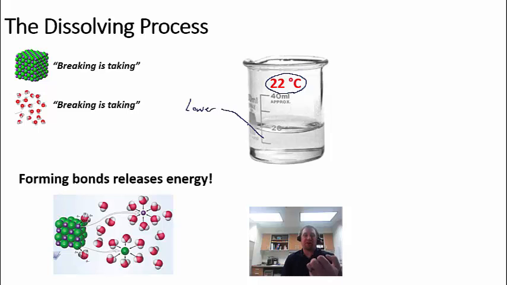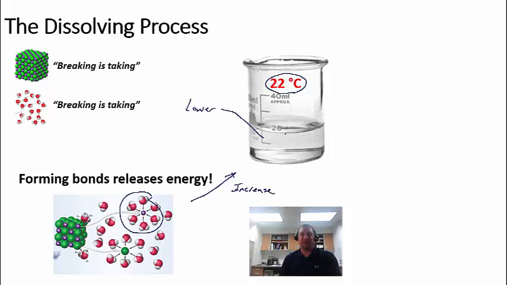So the energy it takes to break those bonds lowers the temperature, but the energy released by forming of bonds increases the temperature. So we've got these three things happening simultaneously that are fighting back and forth in a sense, trying to raise or lower the temperature of the water.